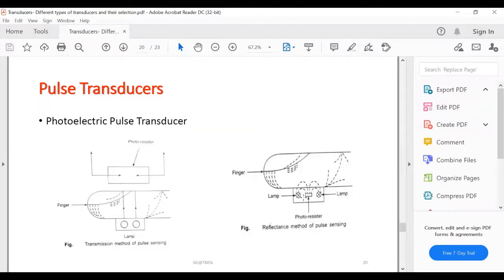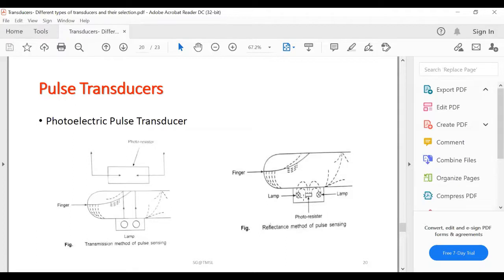The blood saturation of the capillaries determines how much light is reflected, and the resistance of the photoresistor varies accordingly. The voltage across the photoresistor, connected as a voltage divider, varies in proportion to the volume change in the blood vessels of the patient's body.